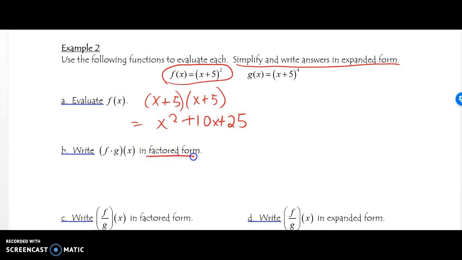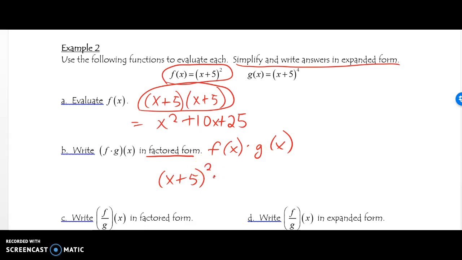Okay, in factored form, this is factored form. It's written as a product of expressions. So in B, we're asked for f of x times g of x. So in factored form, that would just be x plus 5 squared times x plus 5 to the 4th.